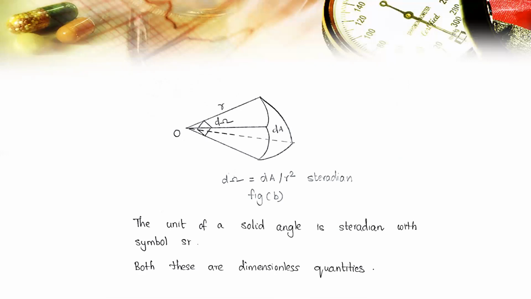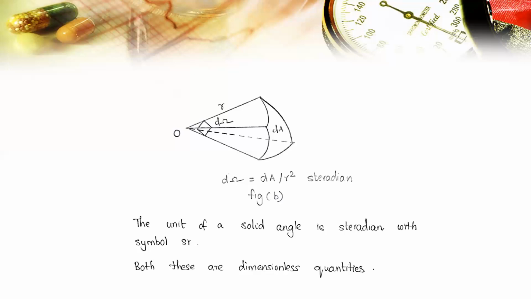You can see here a picture which is three dimensional. It is like a cone shape. The solid angle is d omega, the radius of this cone is r, and the area shown on the top of the cone is dA.